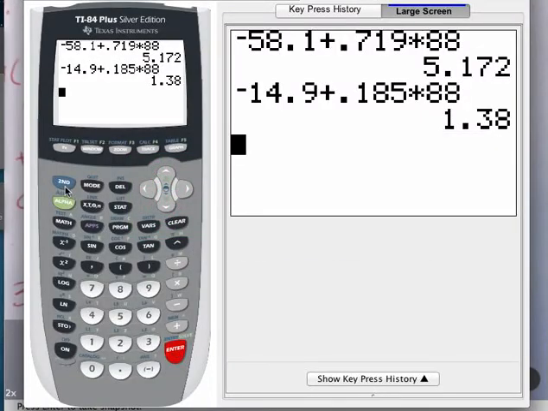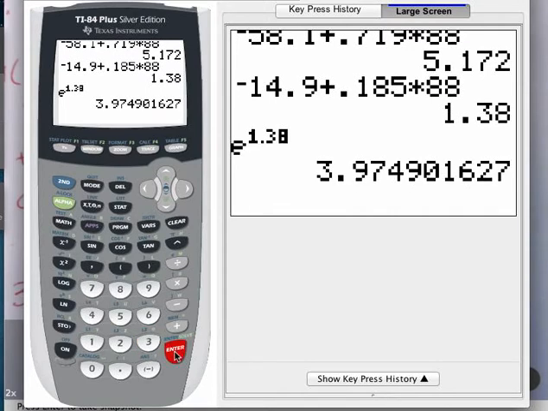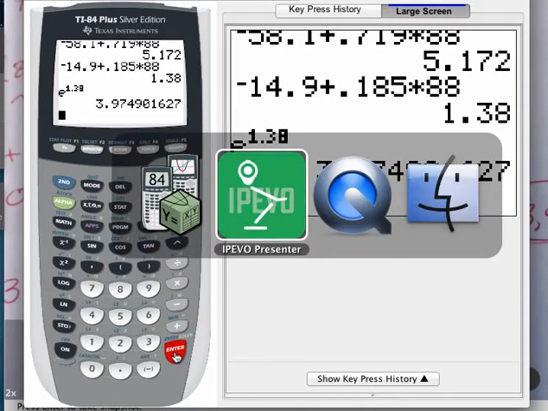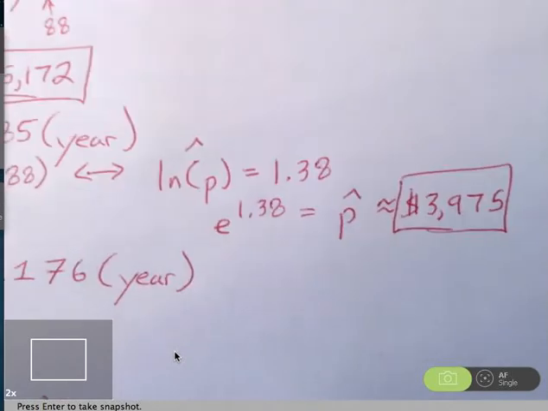So on my calculator, second logarithm will give me my e, put in my power of 1.38, and there it is. So let's call it $3,975.